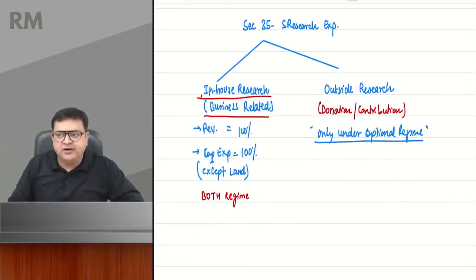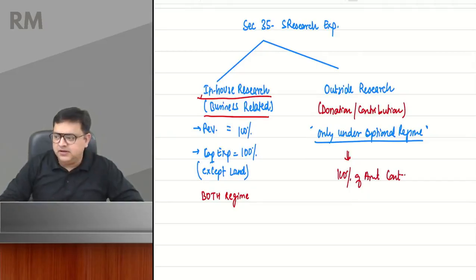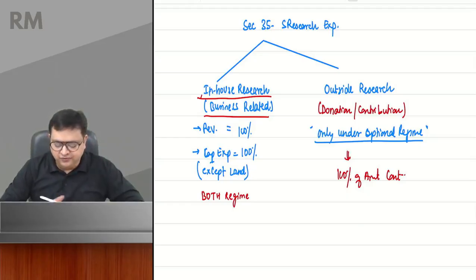It is not allowed under default, we all know. And how much deduction will we get? 100% of the amount contributed. Done. So we get 100% deduction of the amount contributed. So if we are following optional regime, we can debit this. If we are following default regime, we will not allow this.